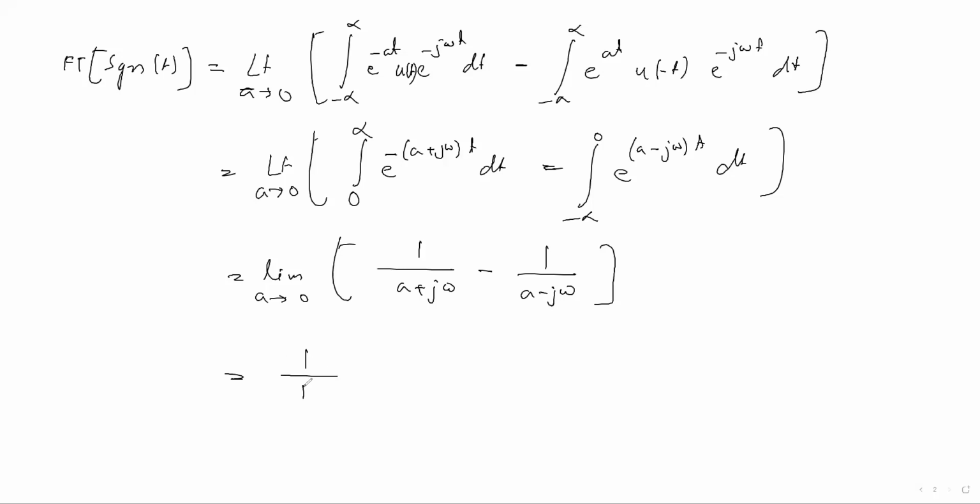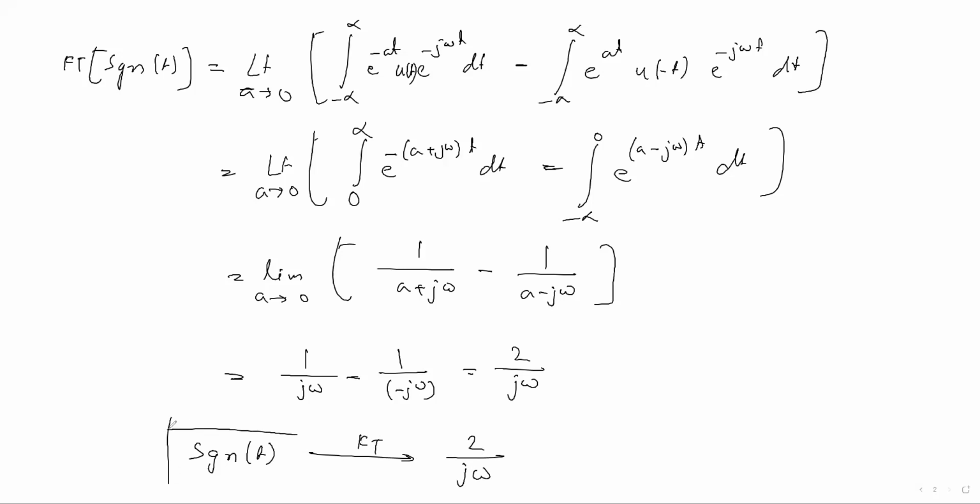What will we get? 1 by j omega minus 1 by minus j omega, so we get 2 by j omega. This is the Fourier transform of the signum function: 2 by j omega. This is also another important formula you should know.